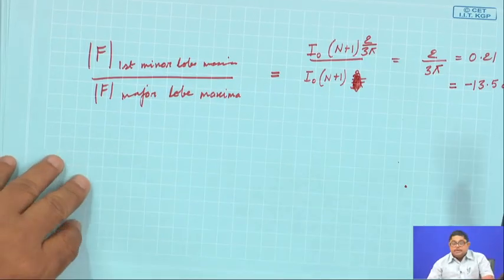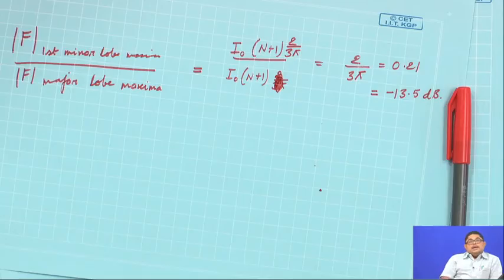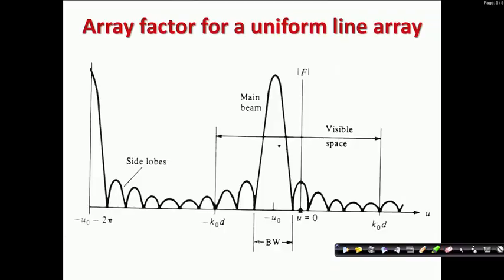So this is a general truth that in any uniform linear array, the first side lobe is only minus 13.5 dB down from the main lobe. This is a serious problem in any practical work. By hook or by crook, you cannot avoid this.